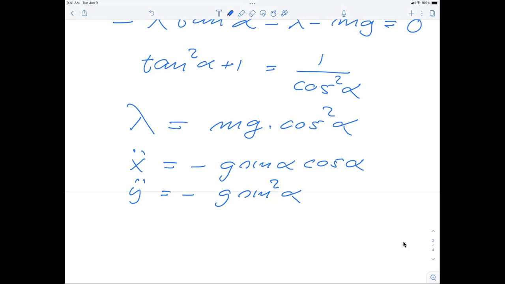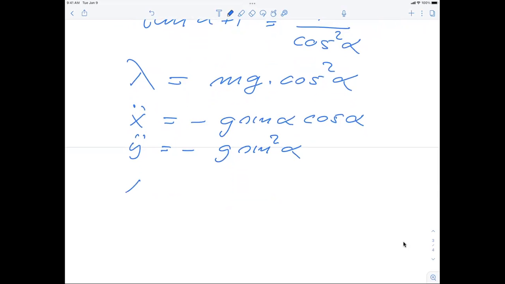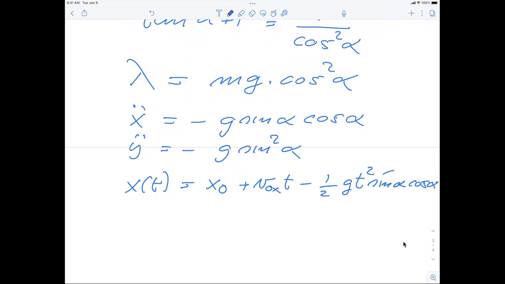So if you do the integration twice here, what you get is actually x of t, which will be equal to x0 plus some initial velocity in the x direction, v0x, times time. And we did this in the very beginning of the semester, so this serves also as a kind of repetition. And then we have t squared times sine alpha multiplied with cosine alpha.